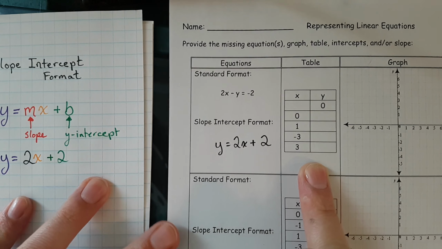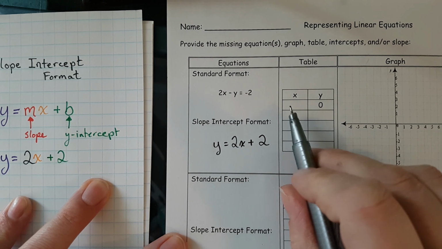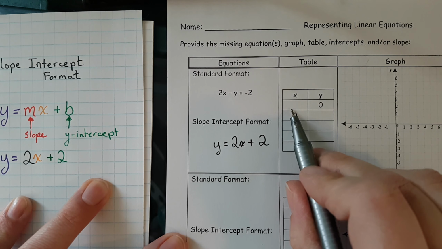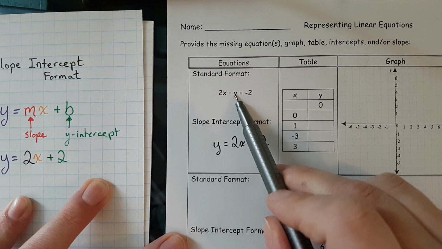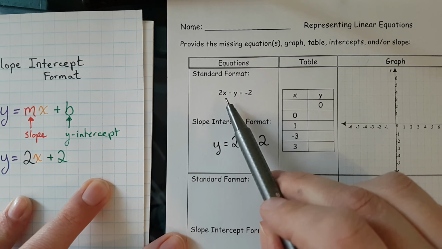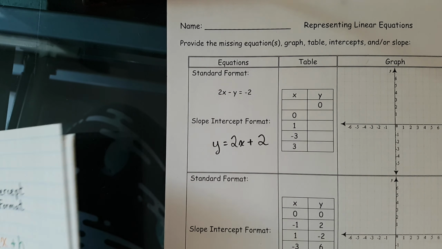So, for 0 as my y, what is my x? That is my question here. So I put a 0 in for my y, and I find out what x is.